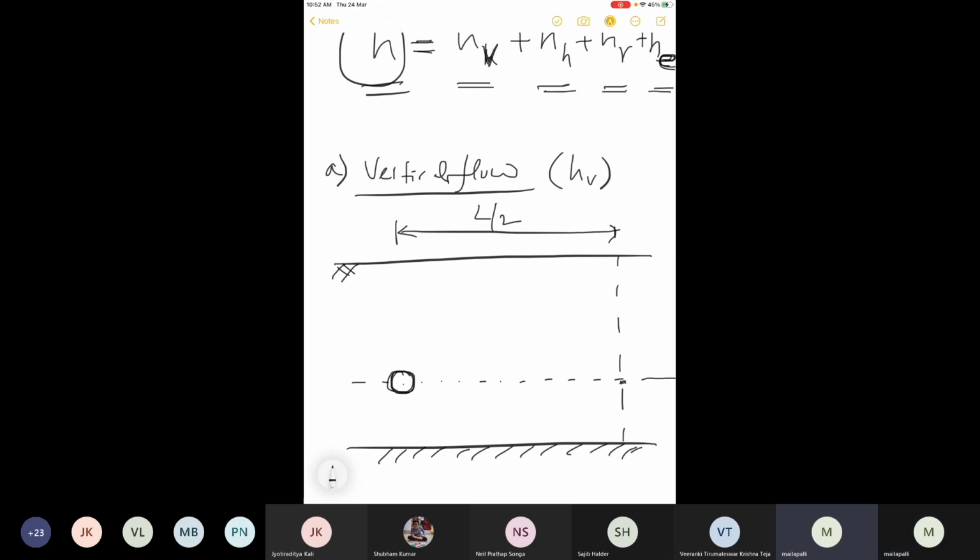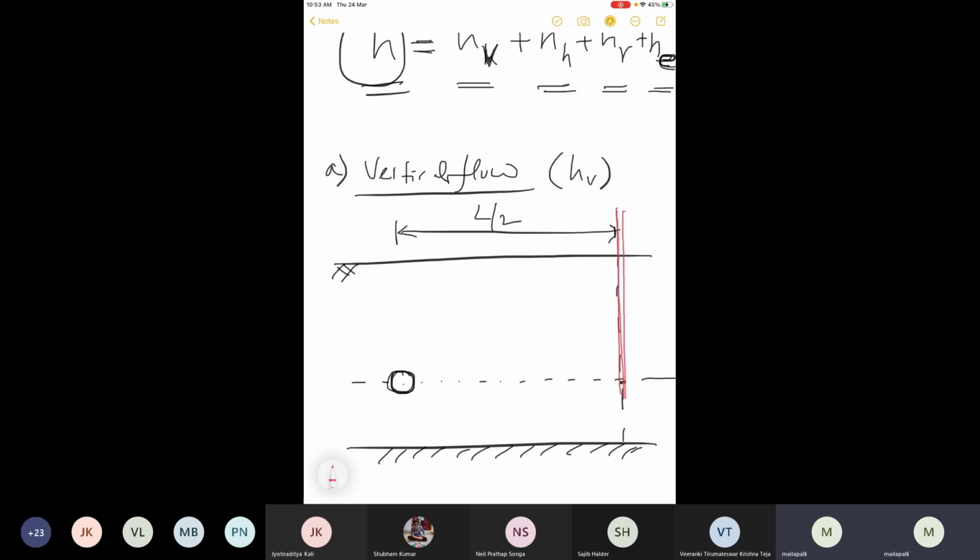Then I put a piezometer here exactly at the center. You all know the purpose of the piezometers, right? The piezometers are basically installed to know the water table depth.